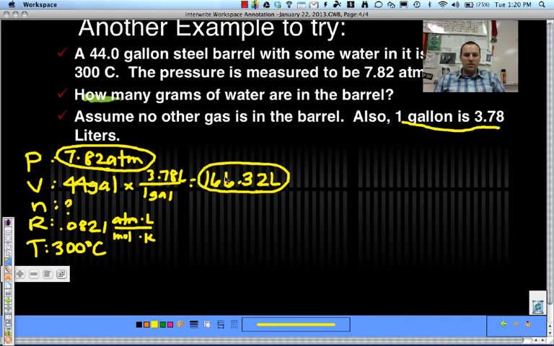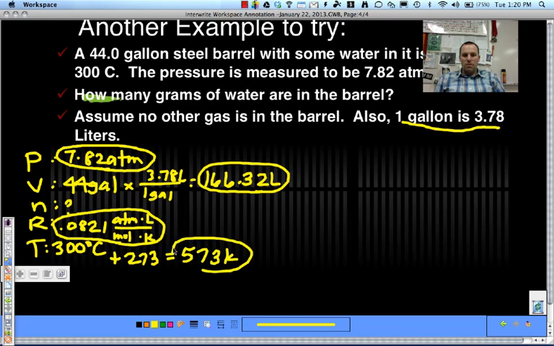Okay, so we have atmospheres, liters. Moles is what we're looking for. 0.0821 is good to go. That never changes. And we need to add 273 to the degrees Celsius to get 573 Kelvin. Now we just plug and chug.